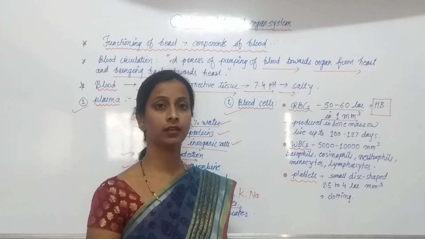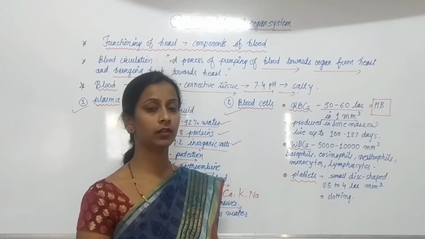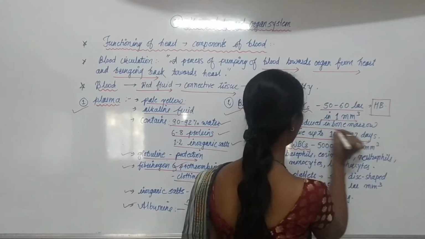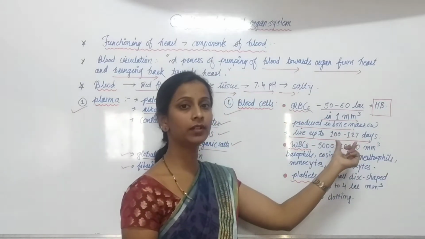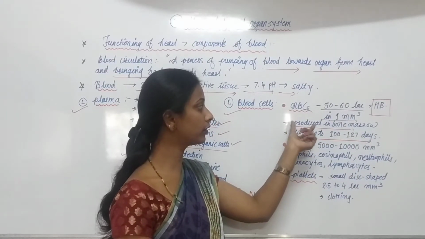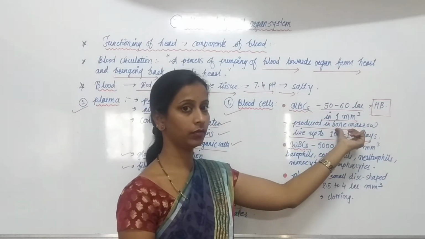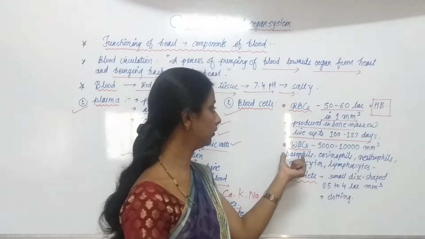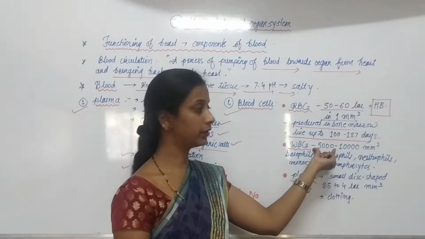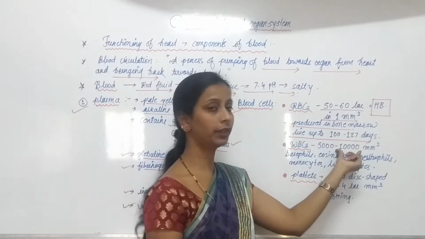These RBCs live in the human body for 100 to 127 days, and after that new RBCs are produced again in the bone marrow. Okay. Next to that, WBCs. The number of WBCs in each cubic millimeter is 5,000 to 10,000.